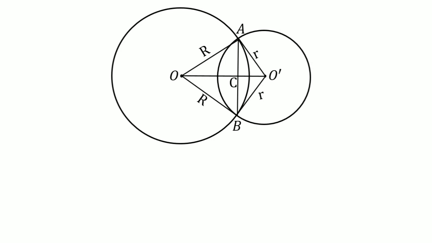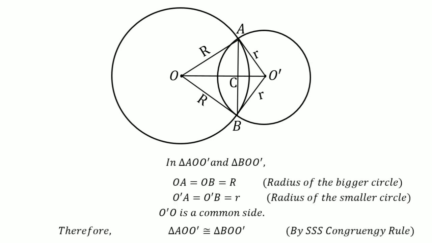After all this congruency we get angle AO'O equals angle OO'B by CPCT, or corresponding parts of congruent triangles. Similarly, angle BOO' equals angle AOO', again by corresponding parts of congruent triangles.